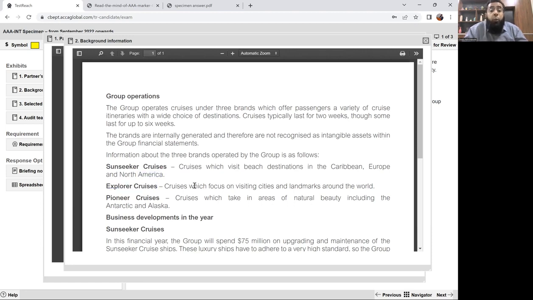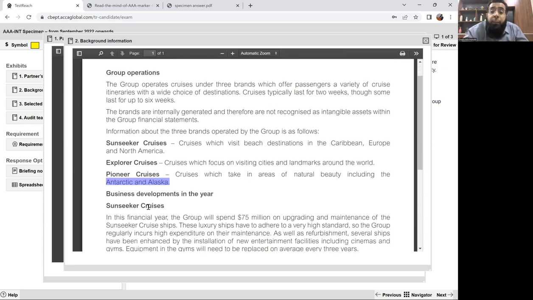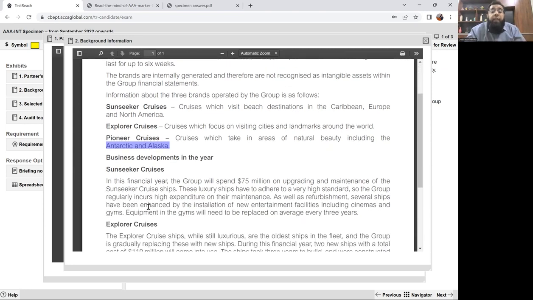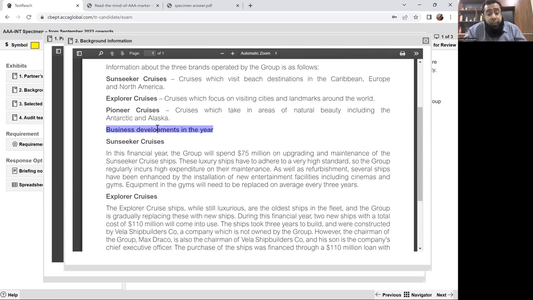Explorer Cruises: cruises which focus on visiting cities and landmarks around the world. And then there are Pioneer Cruises: cruises which take in areas of natural beauty, including the Antarctic and Alaska. So there are 3 segments of the business, and these are 3 separate brands: Sunseeker Cruises, Explorer Cruises, and Pioneer Cruises.